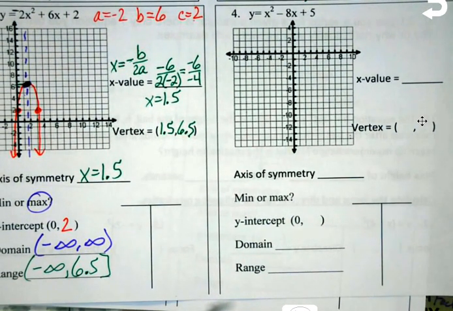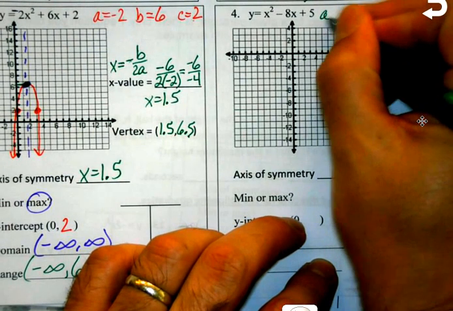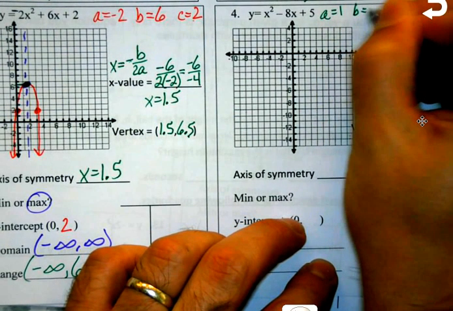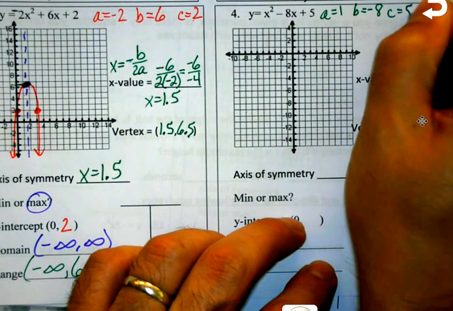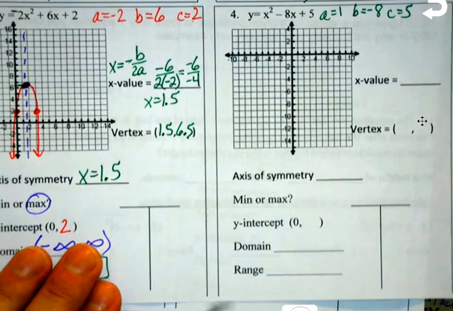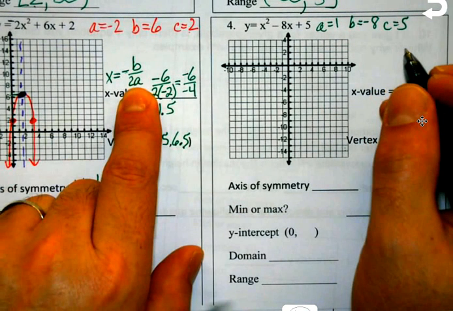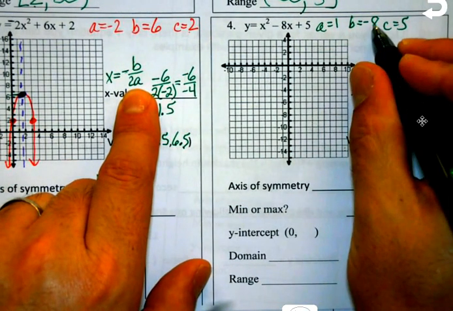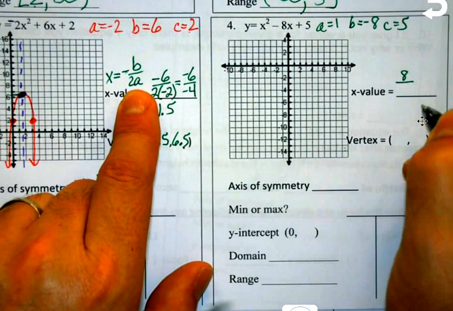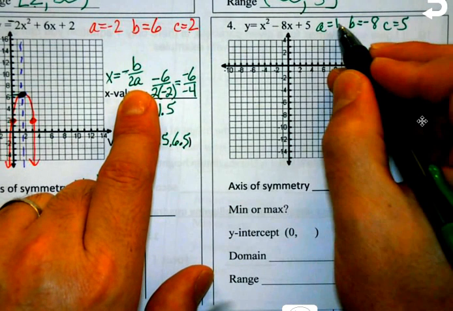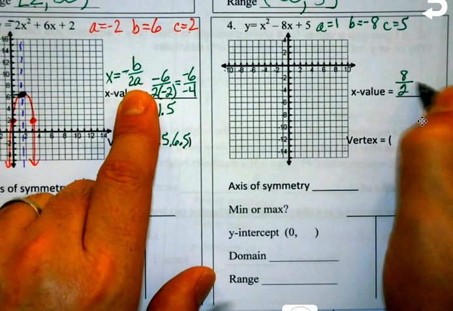All right, again, I would make a quick note of what my A, B, and C is so I can start getting some information situated for myself. Now, okay, X value. There's my formula. Opposite of B, opposite of negative 8 is 8 over 2 times A. 2 times 1 is 2.